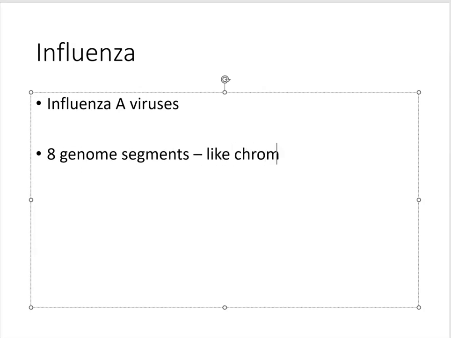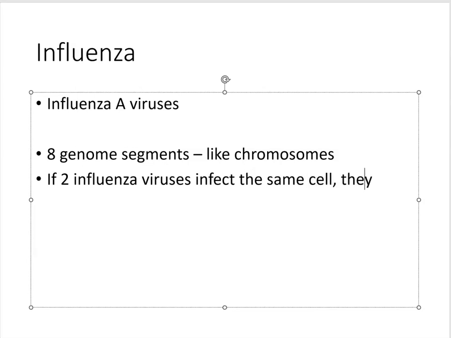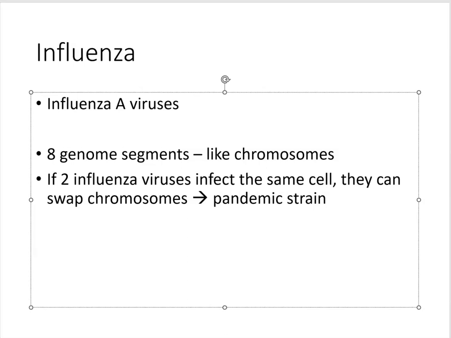These are like chromosomes. So, if 2 influenza viruses infect the same cell, they can swap chromosomes. This is what sexual reproduction is. And so this gives them the ability to make a brand new version of influenza, and that's what leads to a pandemic strain of influenza.